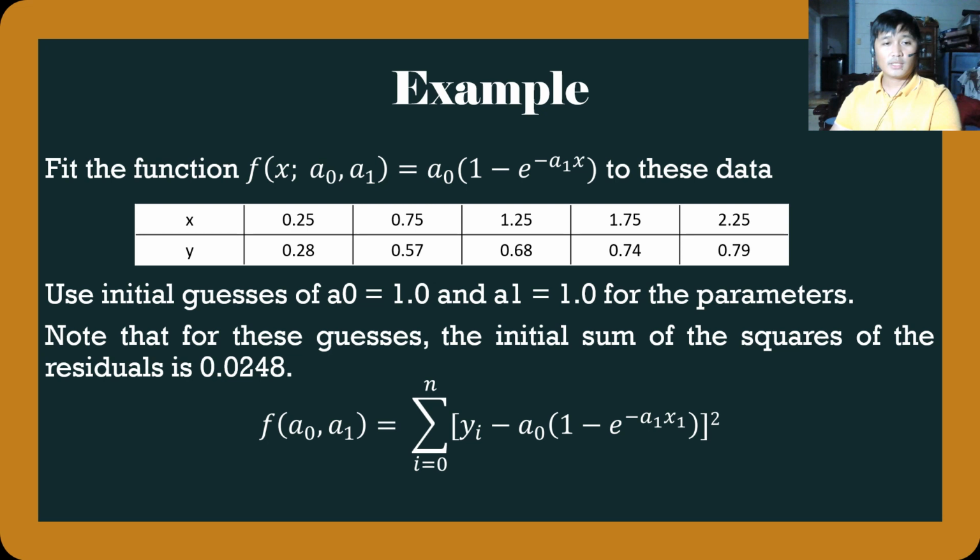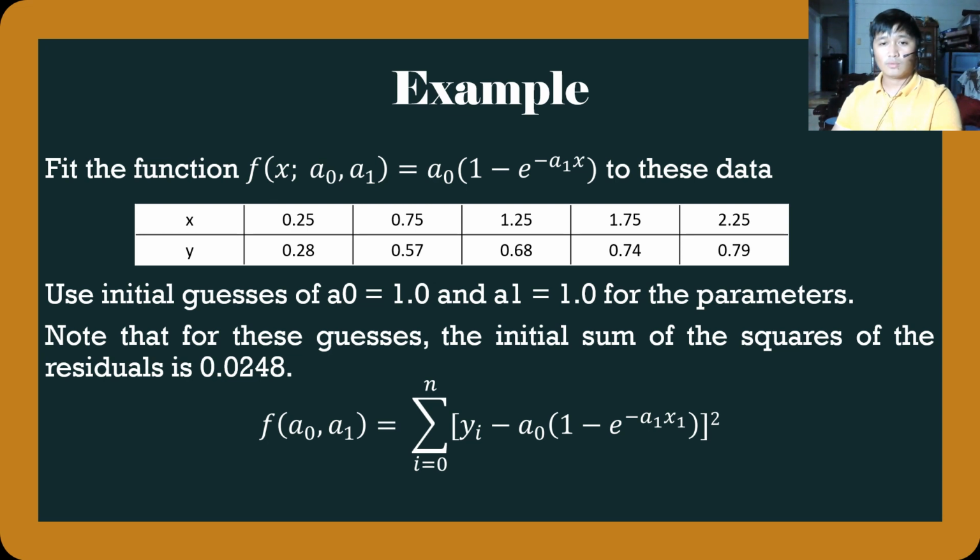At first, since we are going to predict, we need an initial guess. We can plot these values of x and y, and the first step is to guess initially for a sub 0 and a sub 1.